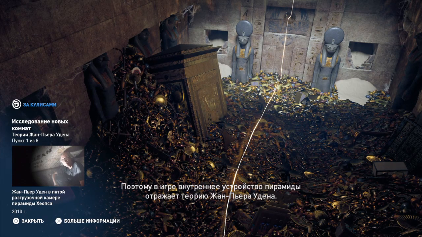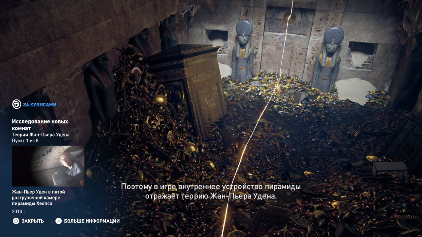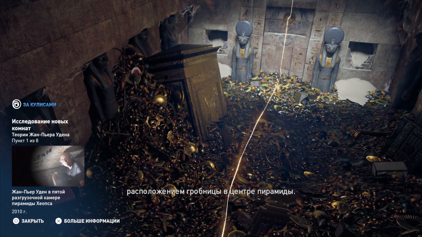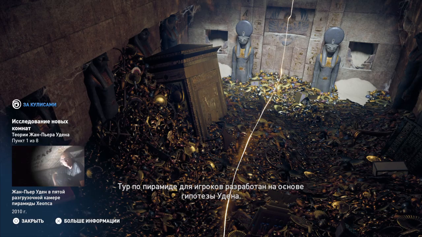As such, a decision was made that the internal design of the monument in the game would reflect Jean-Pierre Houdin's theories. While the antechambers of the king's tomb have yet to be discovered, Houdin posits that this is merely due to a unique design, placing the pharaoh's tomb at the center of the pyramid. The entire tour you are about to take was designed along Houdin's hypotheses.